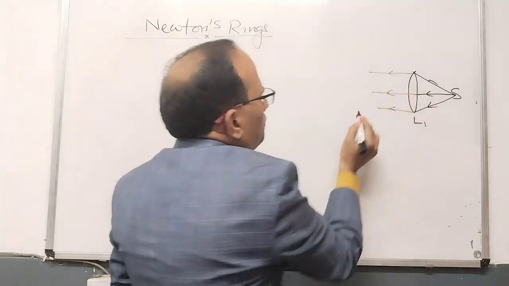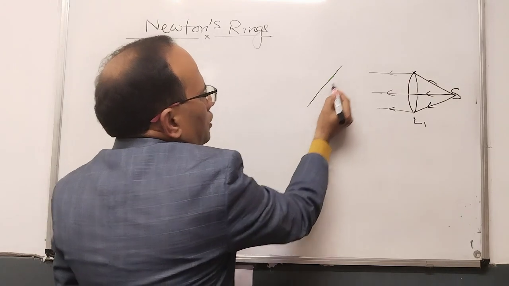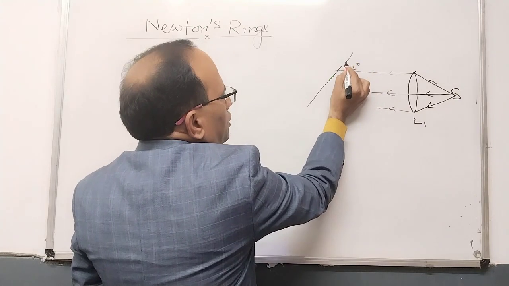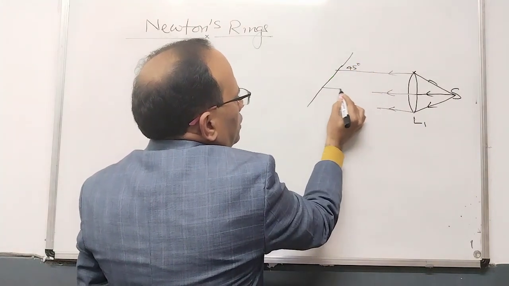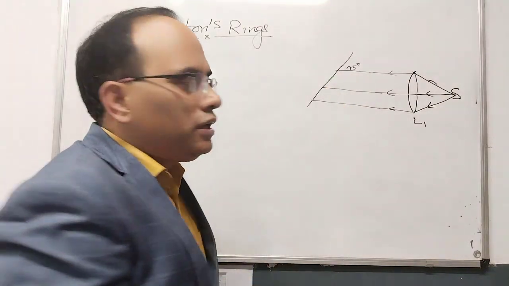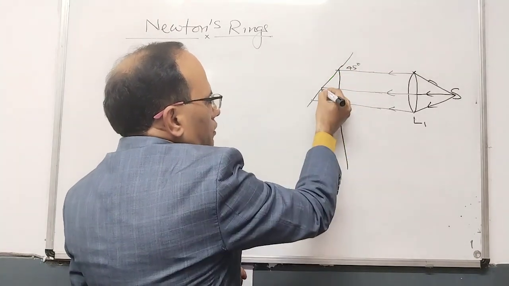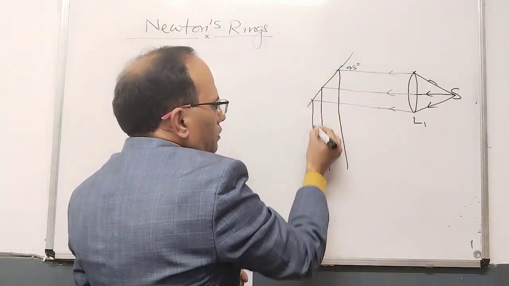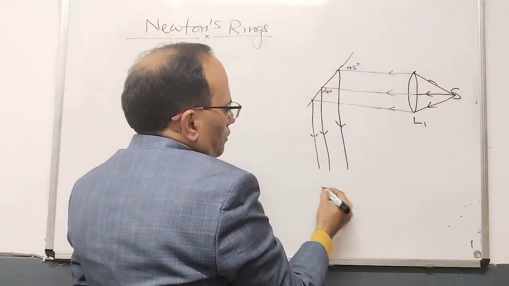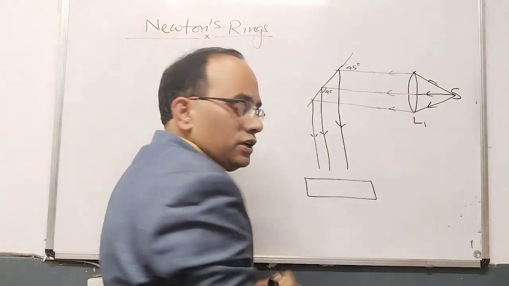And these parallel rays fall on the glass plate, which is inclined at 45 degrees to the incident light. So this is simply a glass plate, and when the light is incident at 45 degrees, it falls normally on the arrangement, at an angle of 90 degrees.